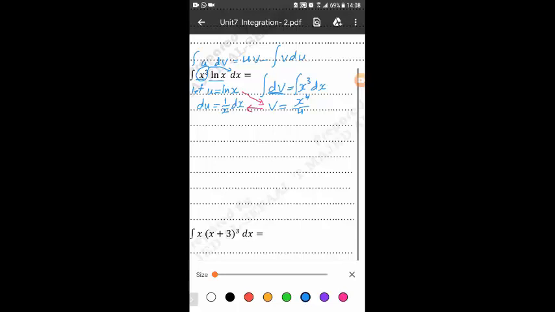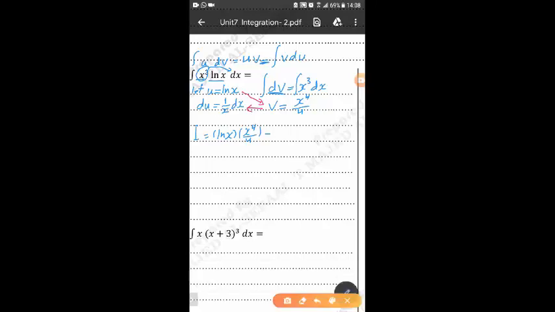My integration is going to be uv, which is ln x multiplied by x4 over 4, minus, because the rule says minus.